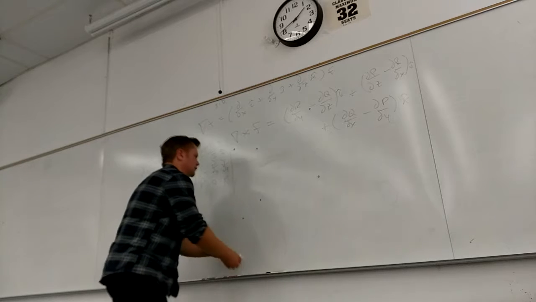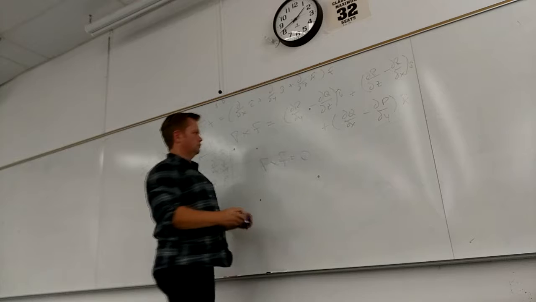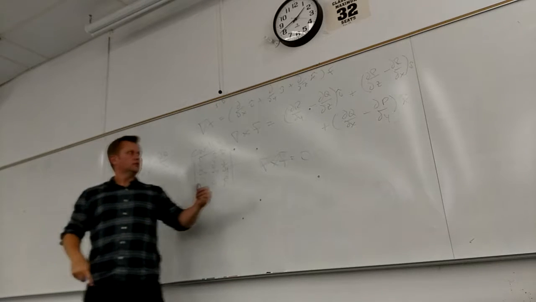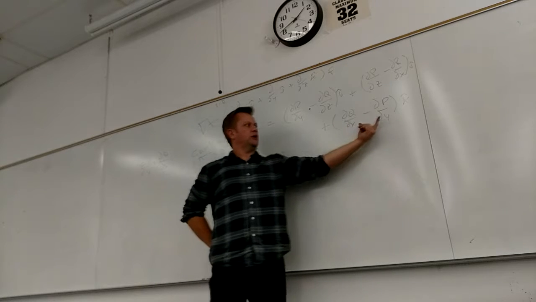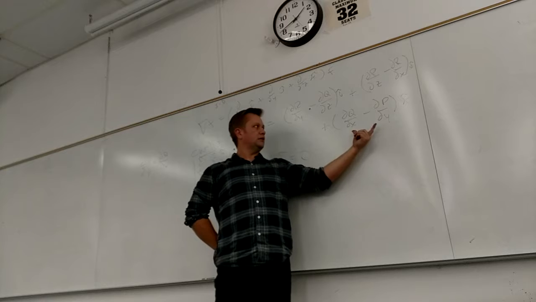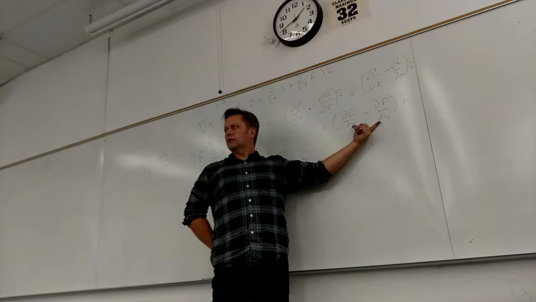if the curl of f is 0, what might that imply? That would mean that, for example, that would mean what's true about these two. They are equal. And what is dq dx equaling dp dy? Yeah.